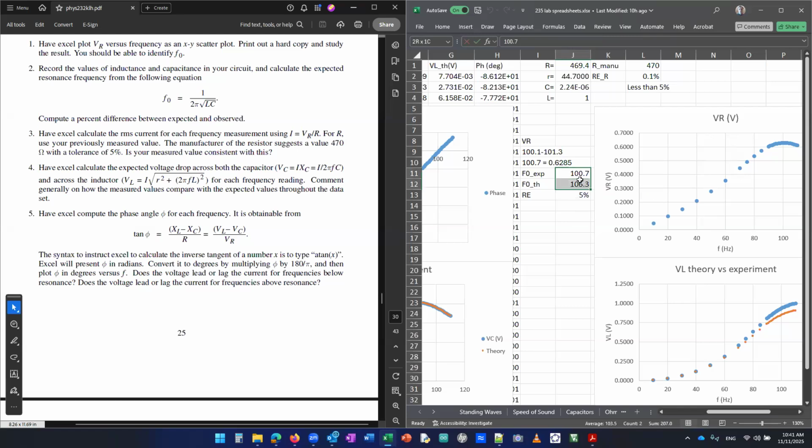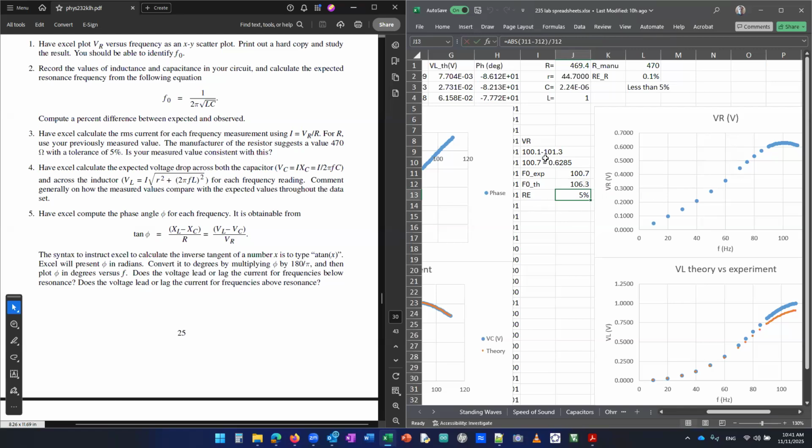So they're very close. We should calculate a relative difference, or rather we say it's relative error. So subtract the two, divide by the theory value, that gets you 5%. So this is relative error.